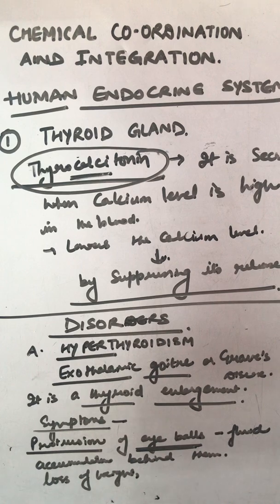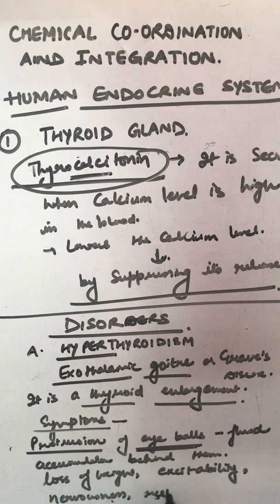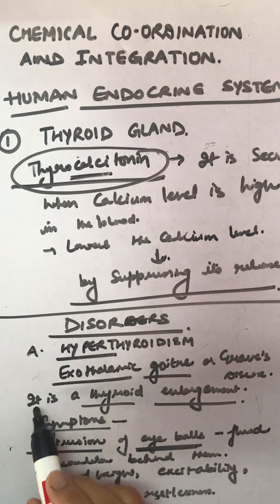There is a slight rise in the body temperature, then excitability, nervousness, restlessness. This is all because of the hyperthyroidism.